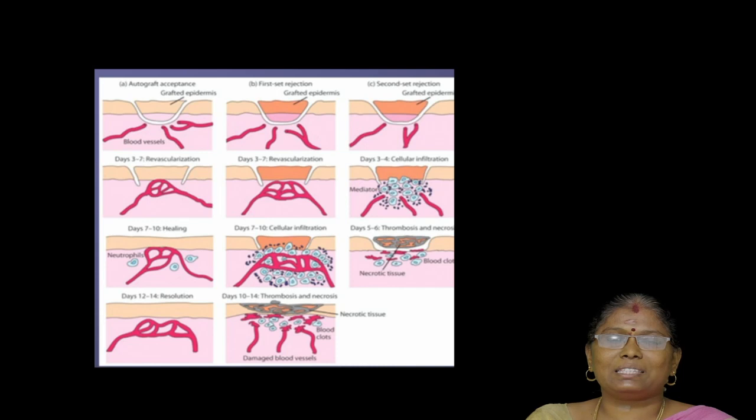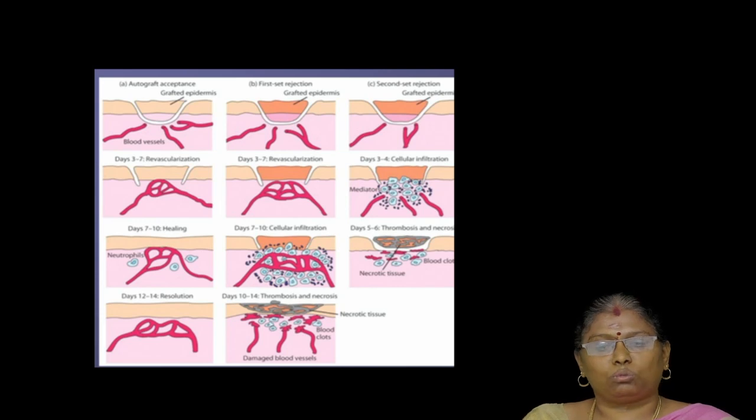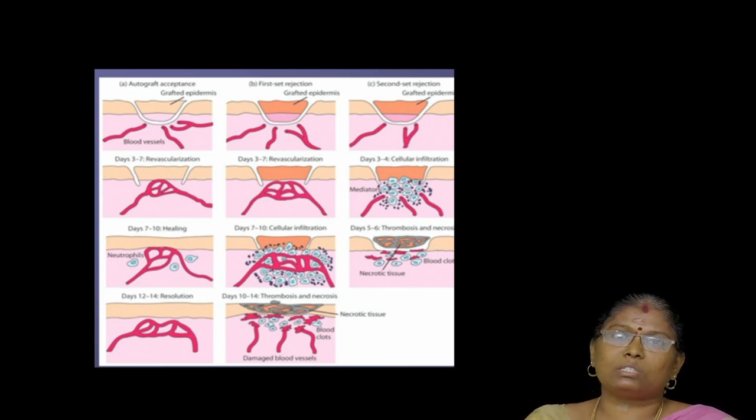After the 7th day, cellular infiltration occurs, and within 10 to 14 days, thrombosis and necrosis will occur. After thrombosis and necrosis, the graft will be rejected. It may be a kidney graft, liver graft, bone marrow graft, or spleen graft, etc.